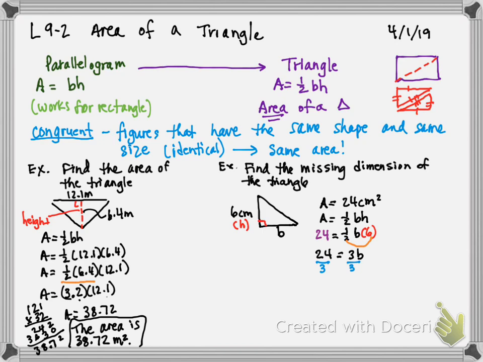Remember what that does. It takes the right side, 3b divided by 3 is b, puts it on the left. 24 divided by 3 is 8, puts that on the right. So b stands for base, so our answer would be the base measures 8 centimeters.